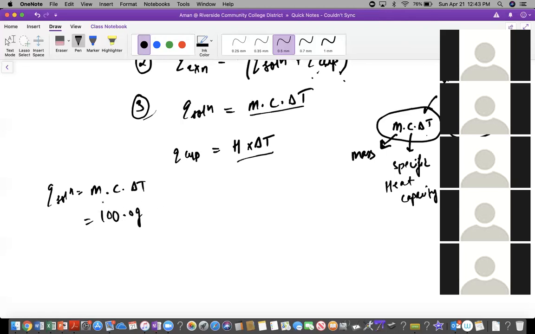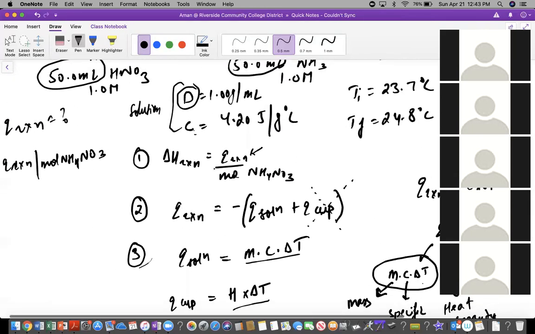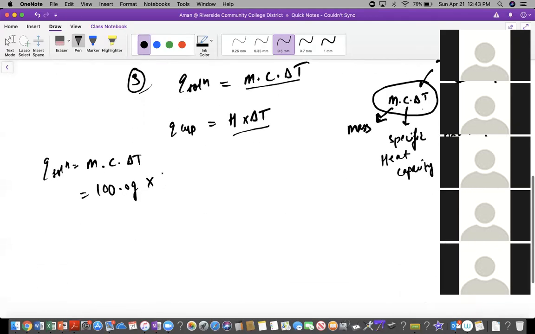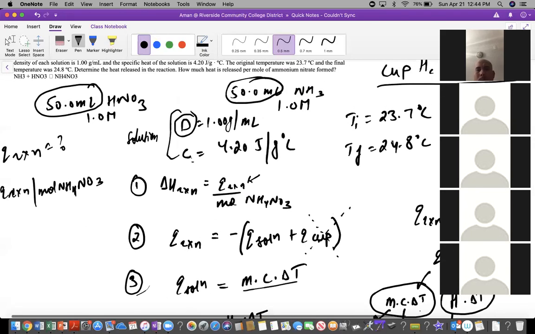So we got the mass, 100 grams, and then we got the C. What is the specific heat capacity for the solution? 4.2 joules per gram Celsius. And then we got the delta T. What's 24.8 minus 23.7? That's 1.1 degrees Celsius.